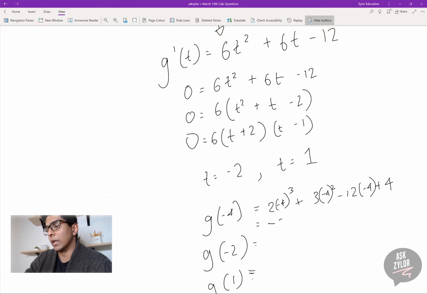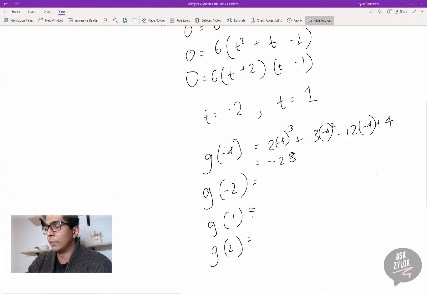And that's going to give me -28. So I'm going to do this step just to save some time. I'm not going to do all the work for them. But if I did make a mistake, please let me know.